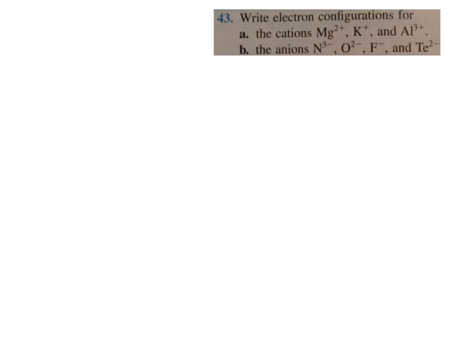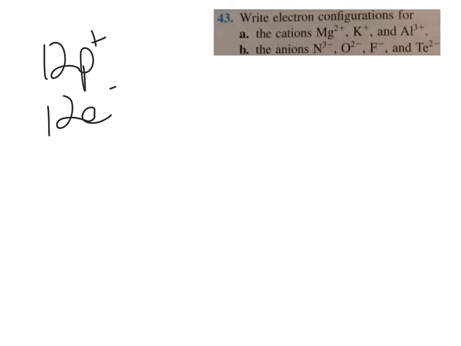Okay, for number 43, it says write electron configurations for the cations and these particular anions for these guys. And you look at Mg with a 2 plus, and if you understand what's going on with Mg, you are starting out with 12 protons, 12 electrons.